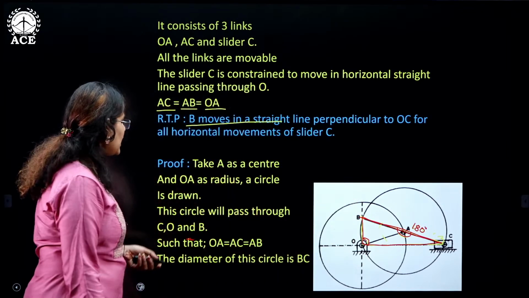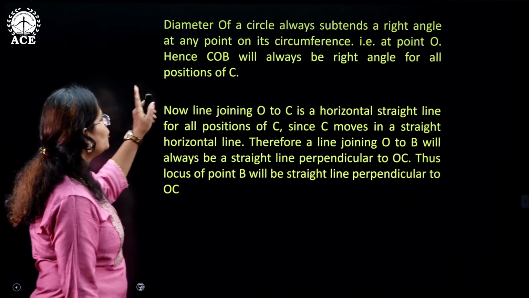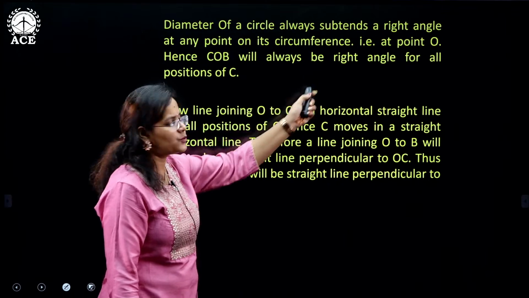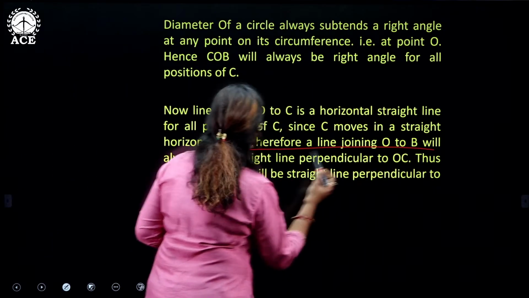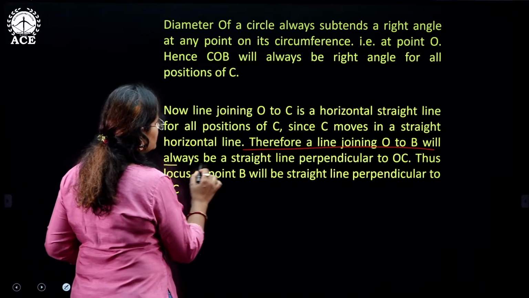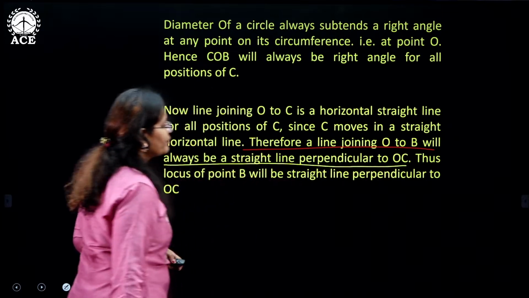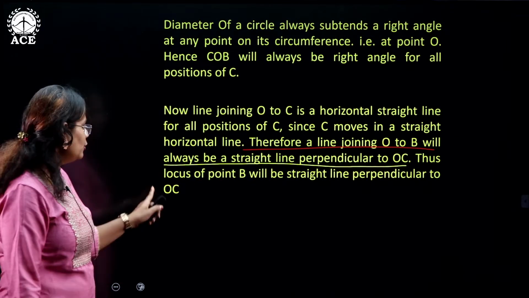So those conditions are written over here, and finally we say that hence COB will always be a right angle, that's what we have said, and therefore a line joining O to B will always be a straight line perpendicular to OC. Thus the locus of point B will always be a straight line perpendicular to OC.